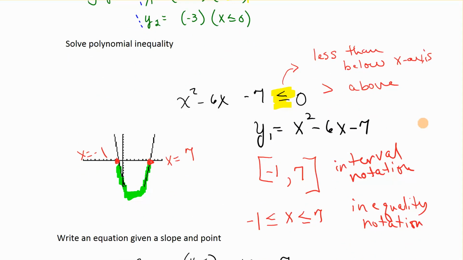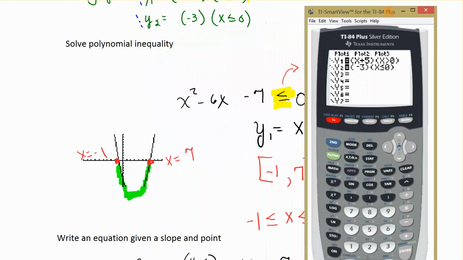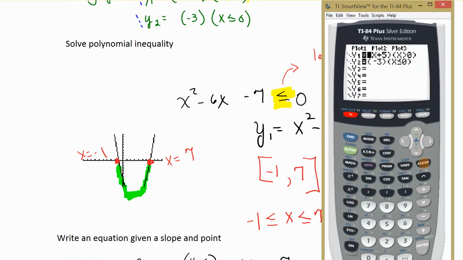All right, a polynomial inequality. And for this one, I like to use the calculator. So I would go to the calculator, and let's see. I would clear and clear.